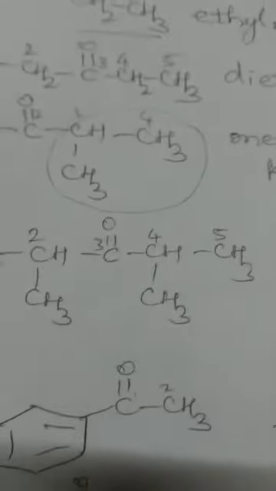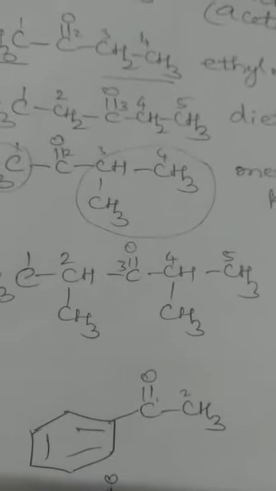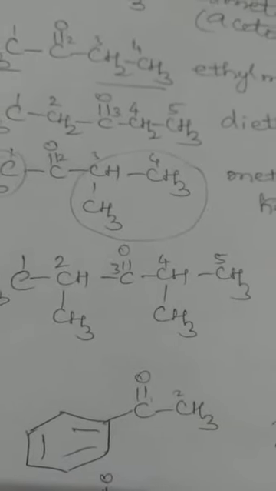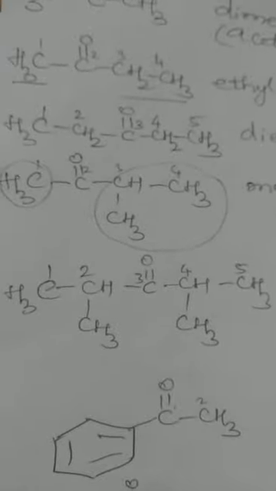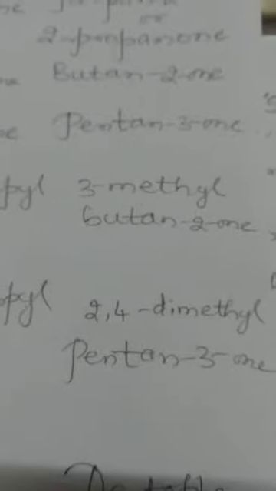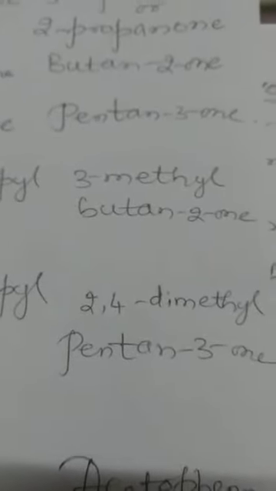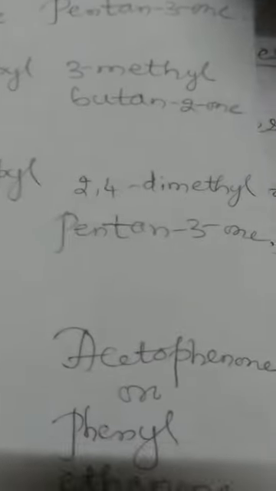Now coming to the IUPAC name, on the second and fourth carbon there are 2 methyl groups, so it will be 2,4-dimethyl as the prefix. The parent chain has 5 carbon atoms, so the IUPAC name is 2,4-dimethyl pentane 3-one.